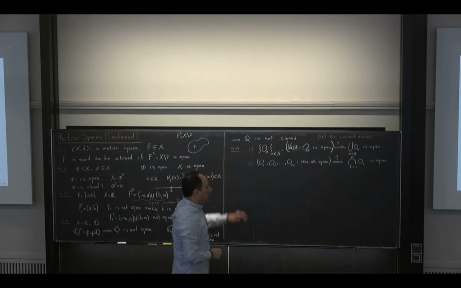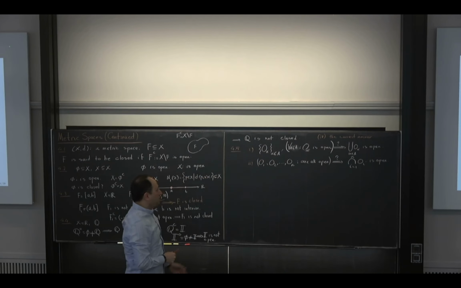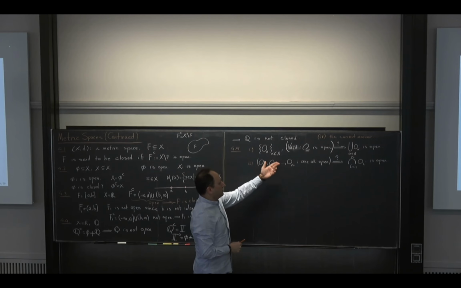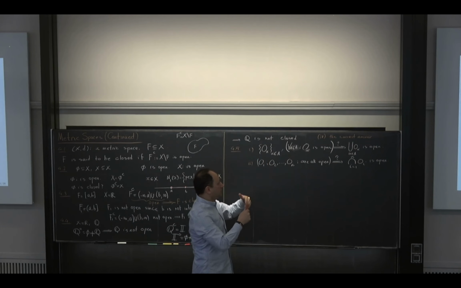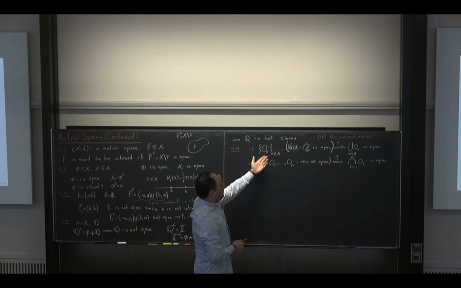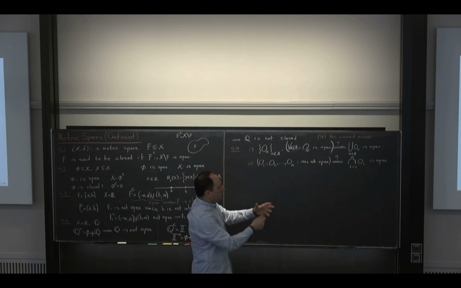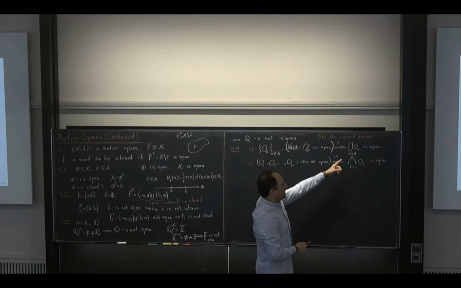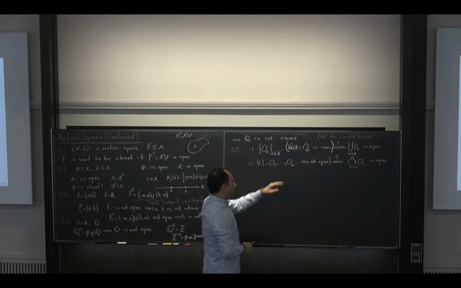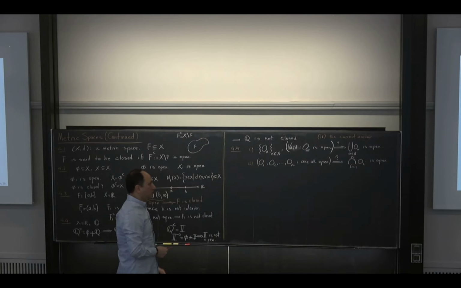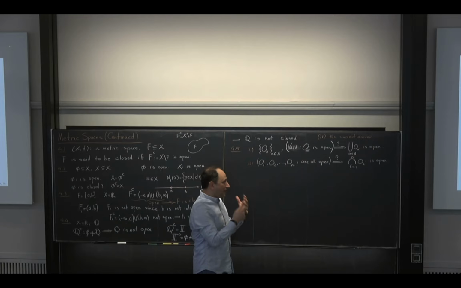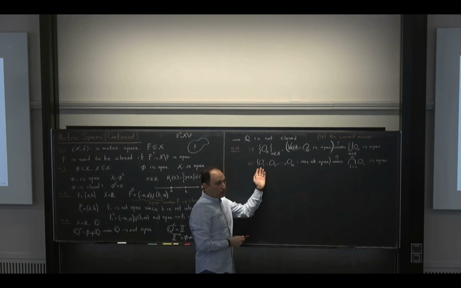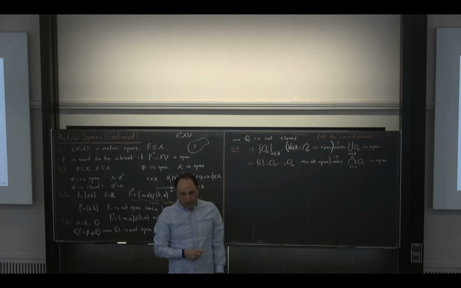In the union, it doesn't matter what your index set is. Is it finite? Is it countable? Is it even uncountable? If you have any indexed family of open sets and you union them, it becomes a new set. That set is open. But for the case of intersection, you have to be careful that what you can guarantee is the intersection of finitely many open sets.